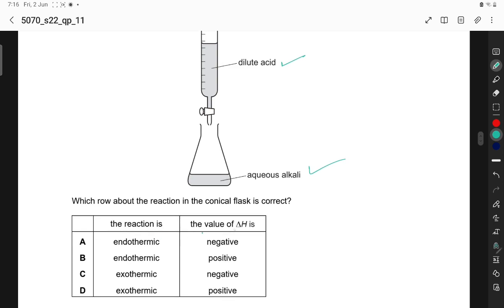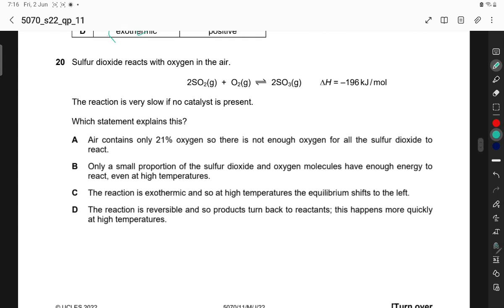The reaction of sodium hydroxide plus acid is an exothermic reaction, and the value of delta H is negative. So C option is correct.